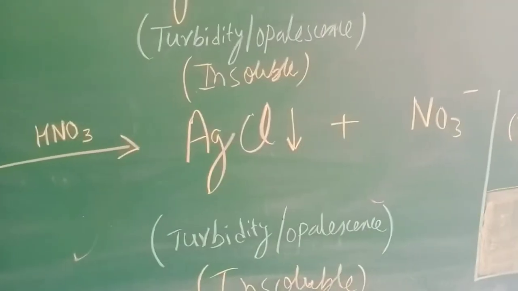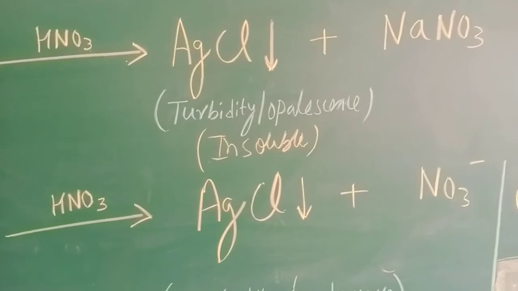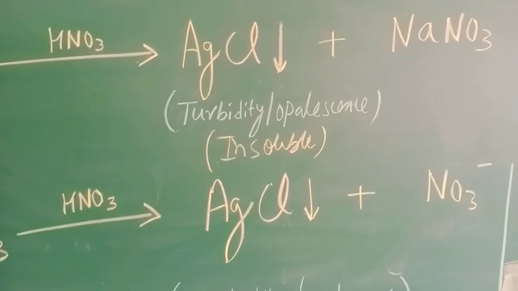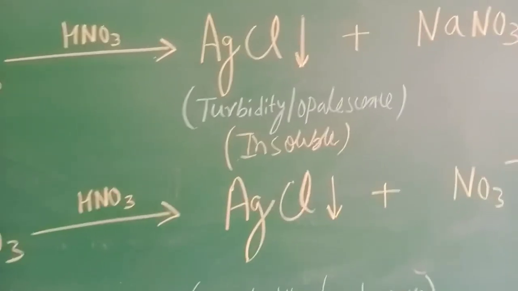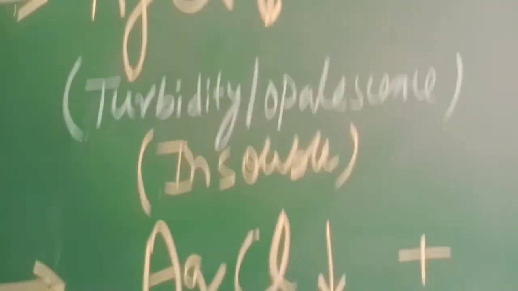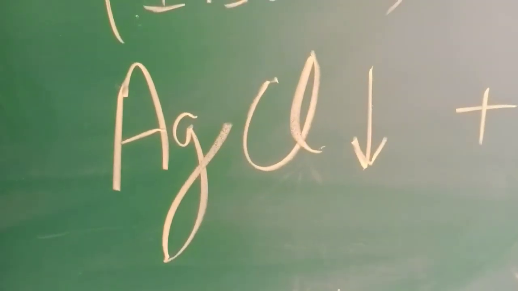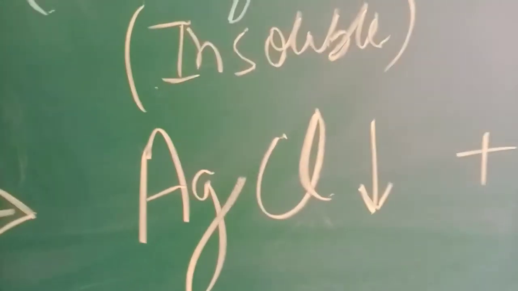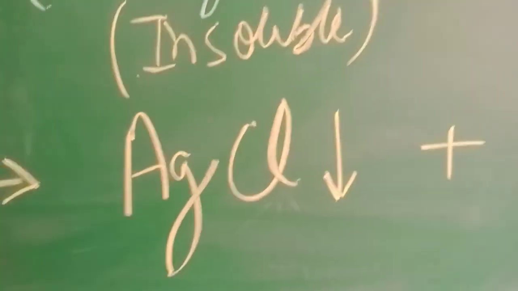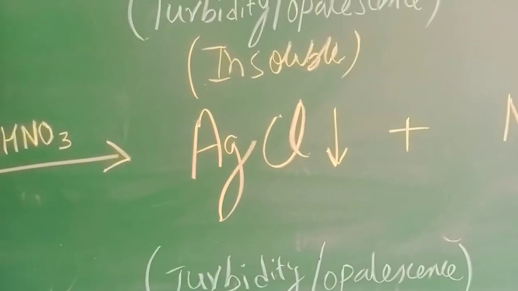Now, as in both the cases, means in standard solution as well as in test solution, it is nothing but only the silver chloride which is responsible for turbidity or opalescence.